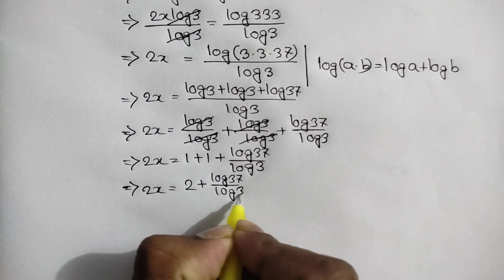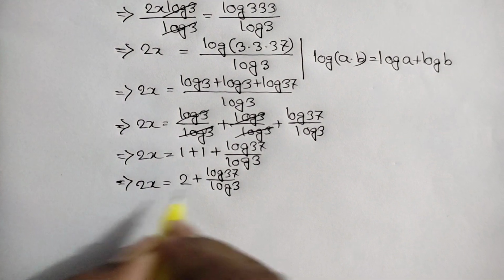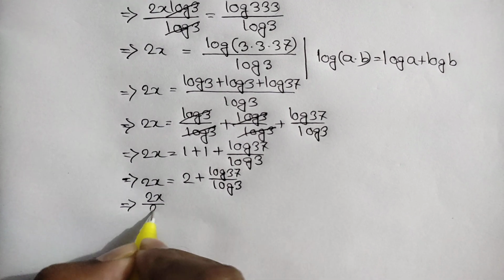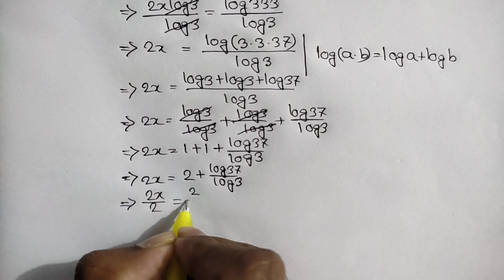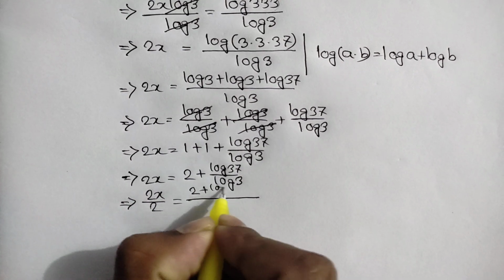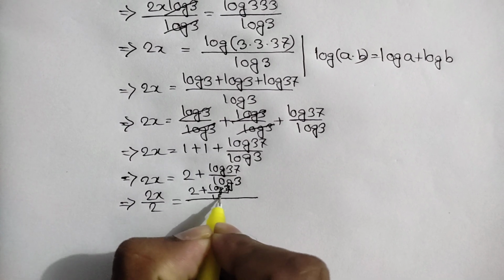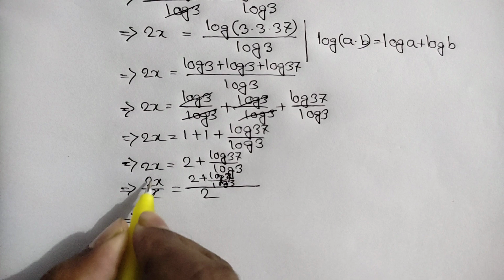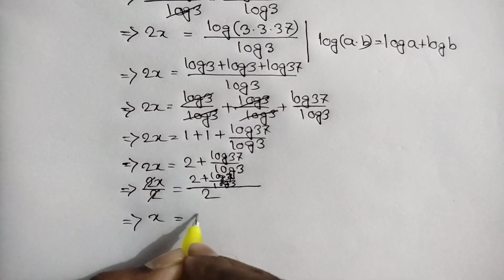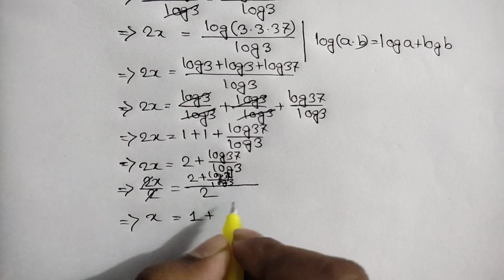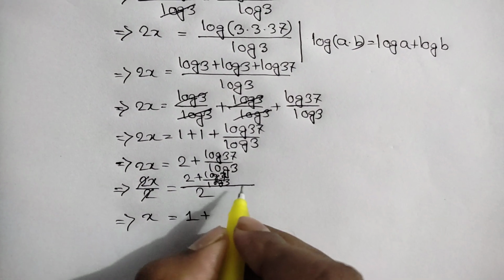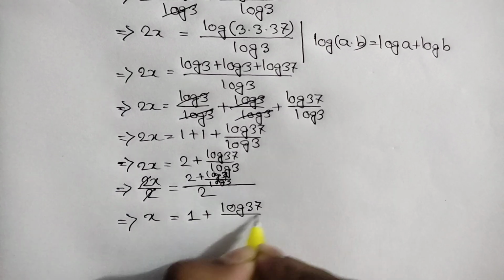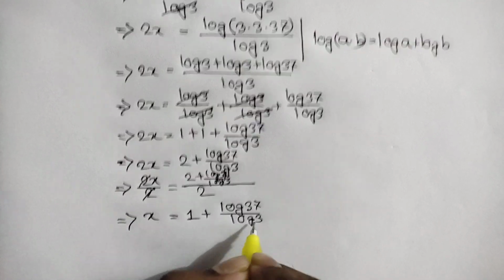Here we can divide both sides by 2, so we can write 2x over 2 is equal to (2 plus log 37 over log 3) over 2. These two cancel out, so x is equal to 1 plus (log 37 over log 3) over 2.